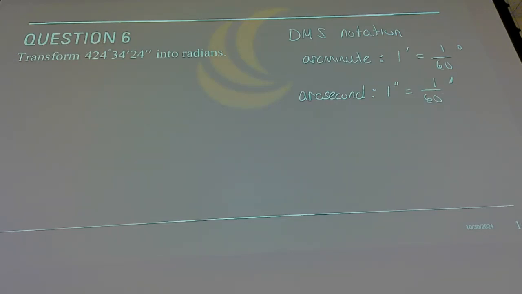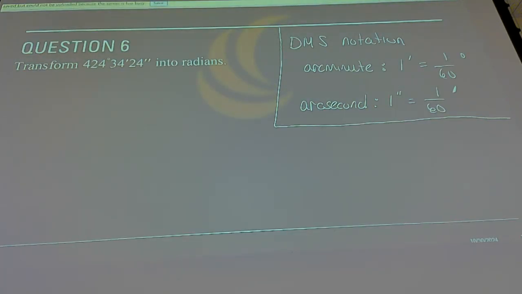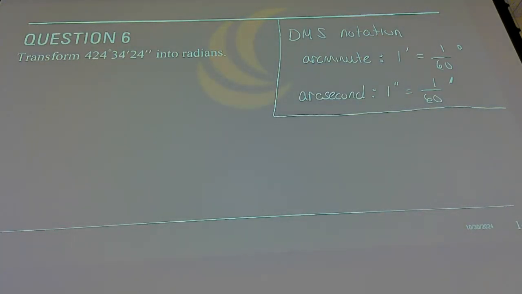So how many arc seconds would be in 1 degree?